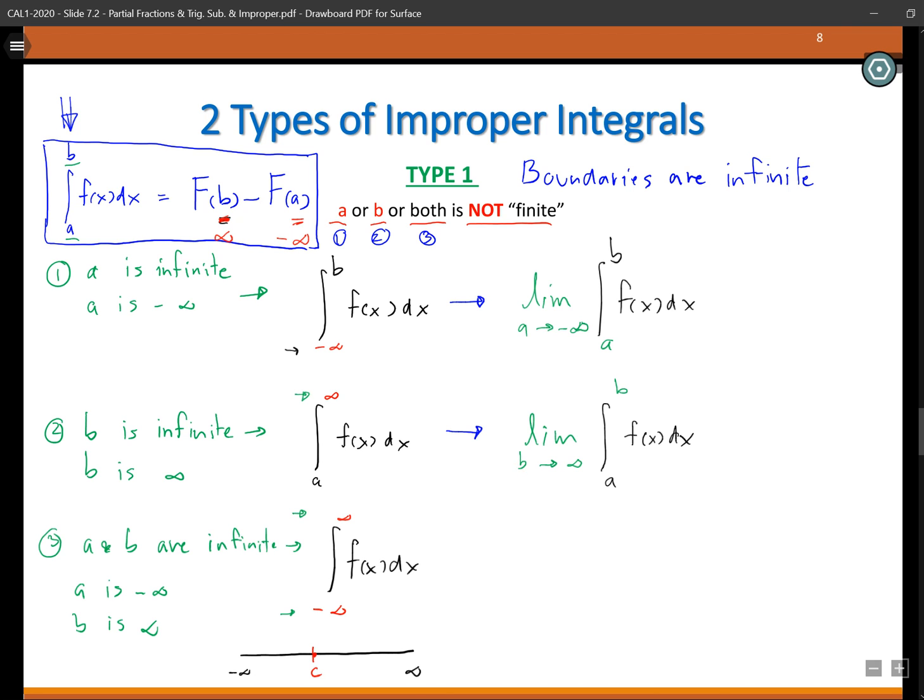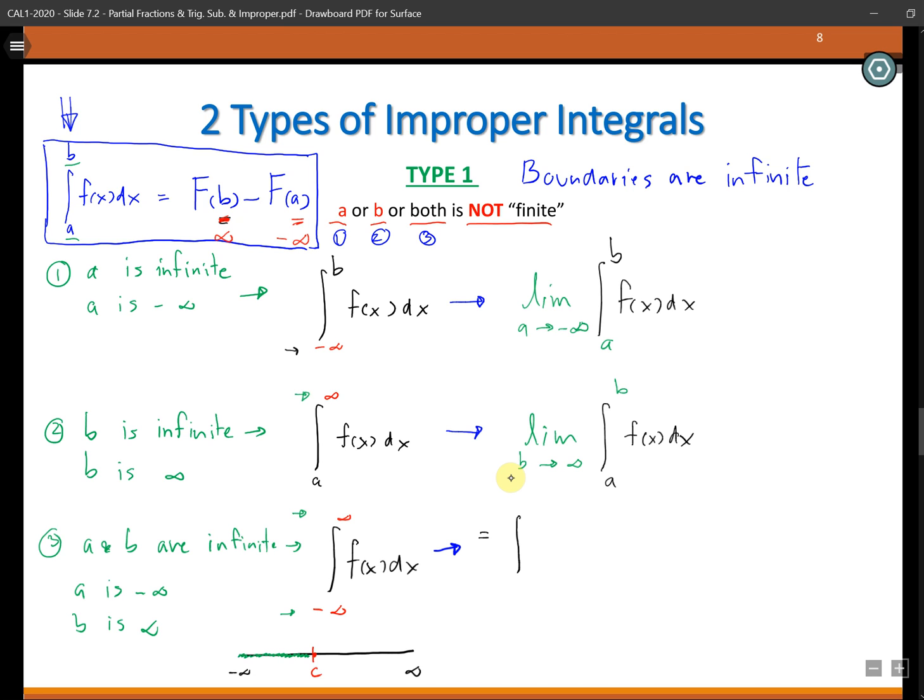So let's take a look at the first step. The first step is to split it. This is going to be equal to, the first part is the integration from minus infinity to this particular point C, any point you want.